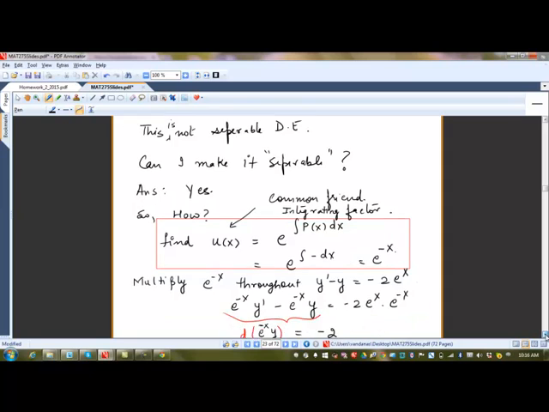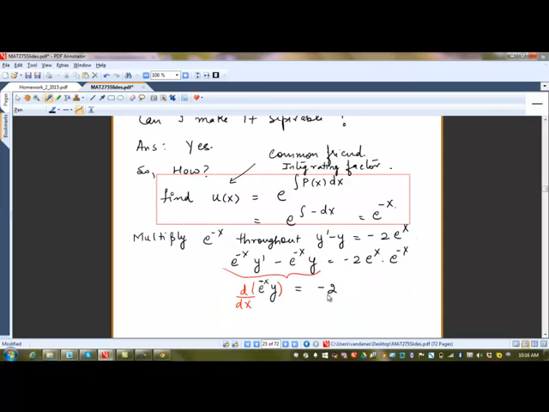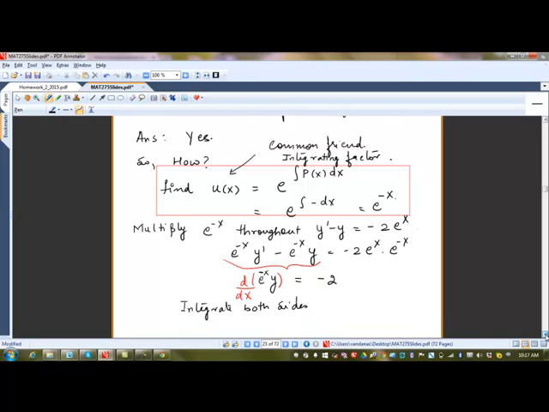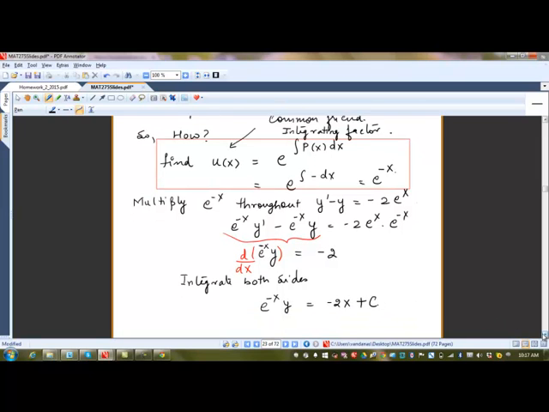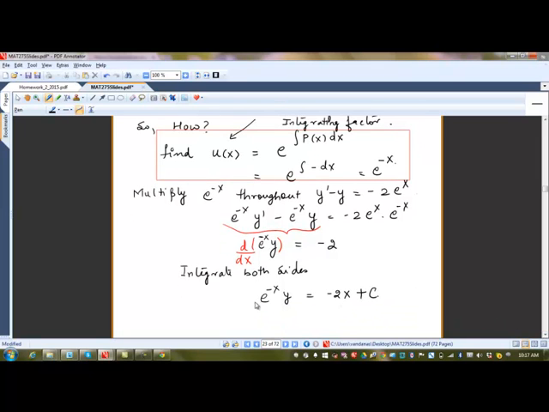And once I have this nice thing right here, how will I get a solution? Integrate both the sides. There you go. You get e to the power negative x y equals negative 2x plus a constant of integration. Add a constant first before pushing this term to the right.